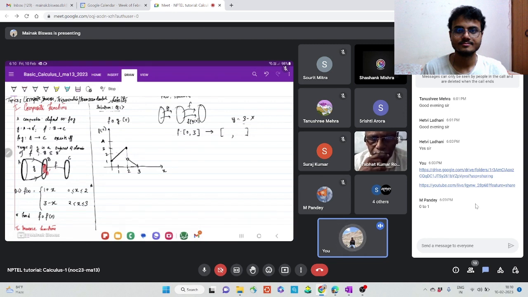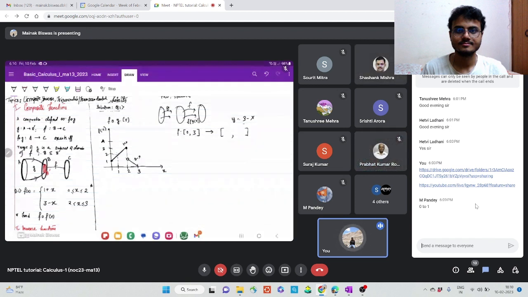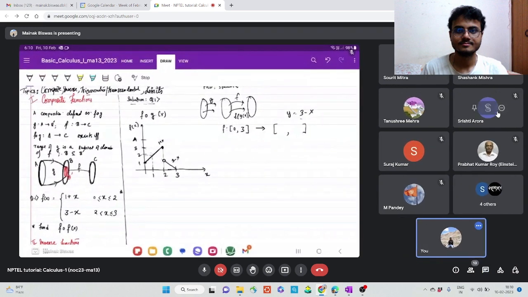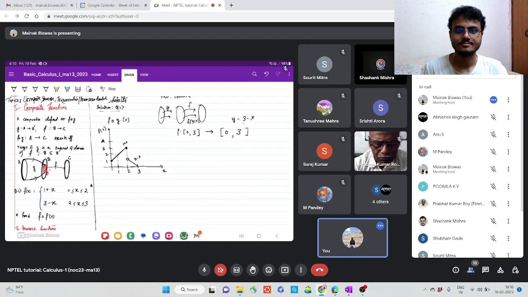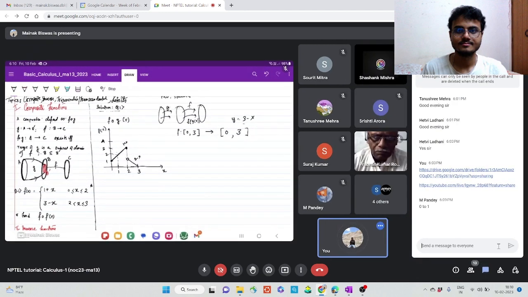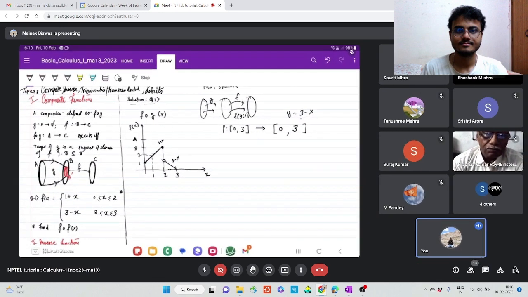As you can see, at 1 this is 2. So this is 1 plus x, and this is 3 minus x, right? You have two parts to this function. When the value is 2, it takes the value of 3. So this is between 0 and 3, right? Did you understand, Mr. Pandey? It's 0 to 3 and not 0 to 1. If you have a doubt, you can unmute and ask.